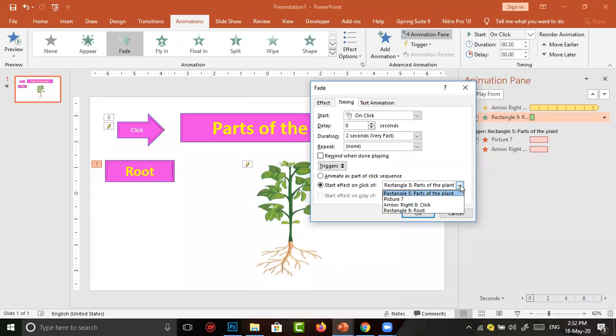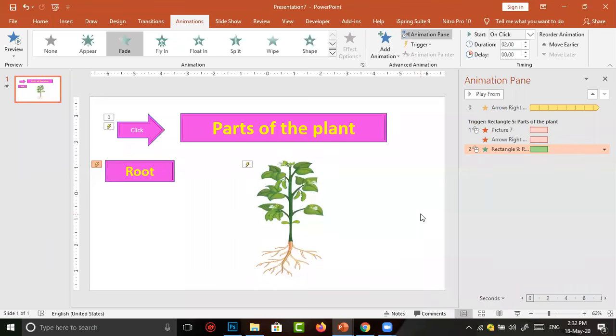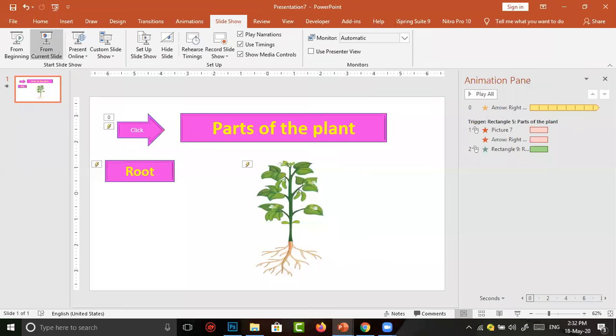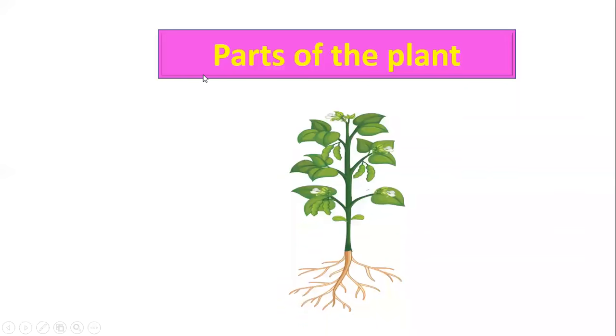Here many things are there. I select parts of the plant rectangle, then click OK. Now we can see what happens. I'm going to click parts of the plant.